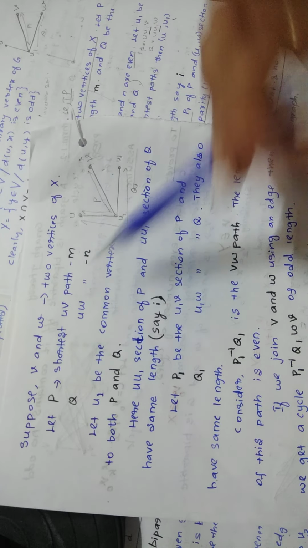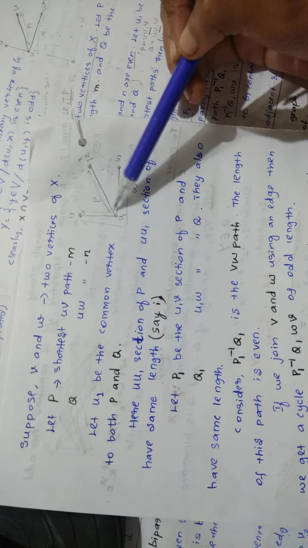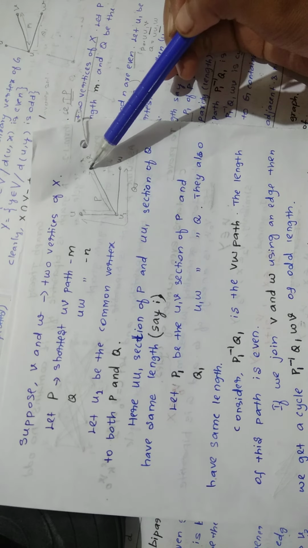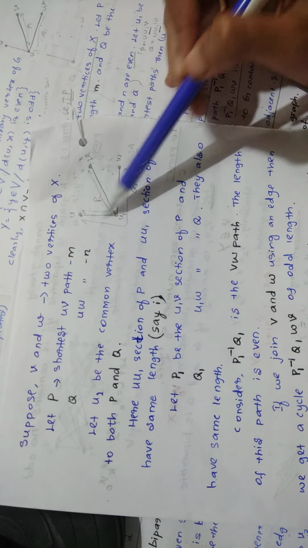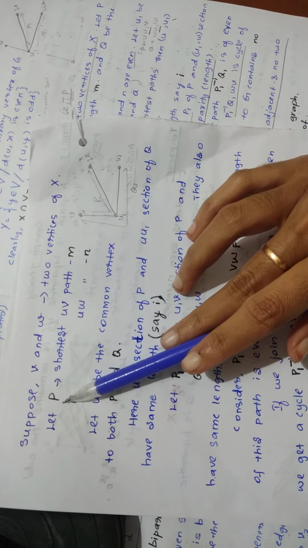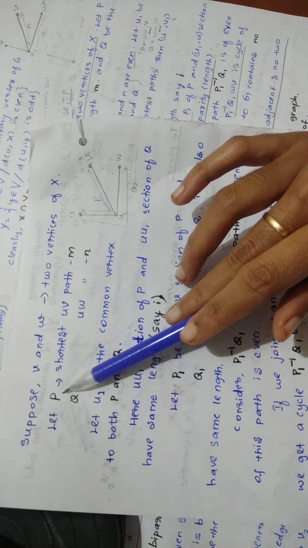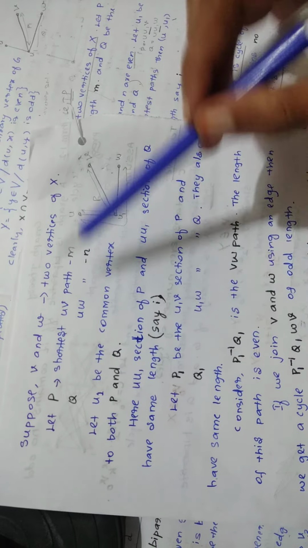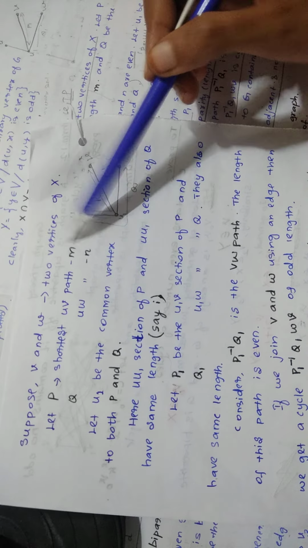This uv path is denoted by P, and it is the shortest uv path, and the length of this path is m.